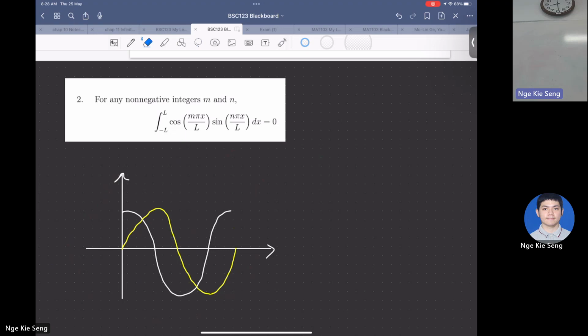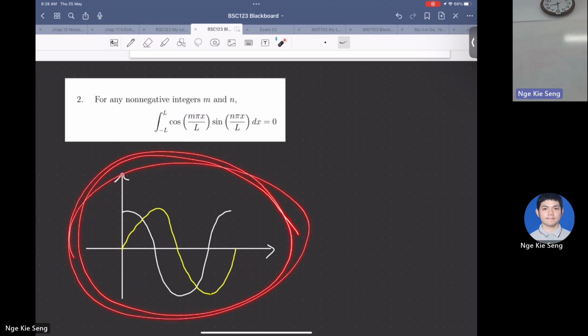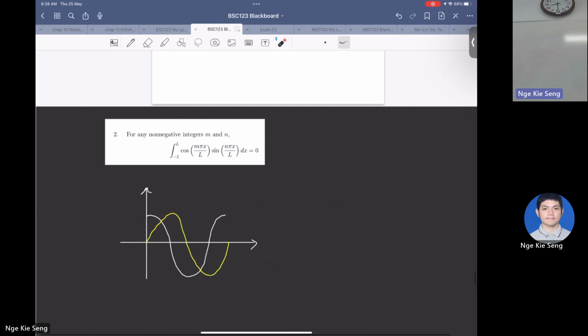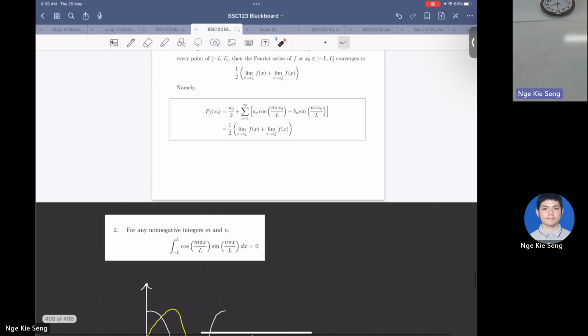They are actually the same wave, but you shifted differently. When you shift it differently and then compute the integral of the product, you get 0 most of the time. Why is it true? You need to show it, but this is the idea I want to say.